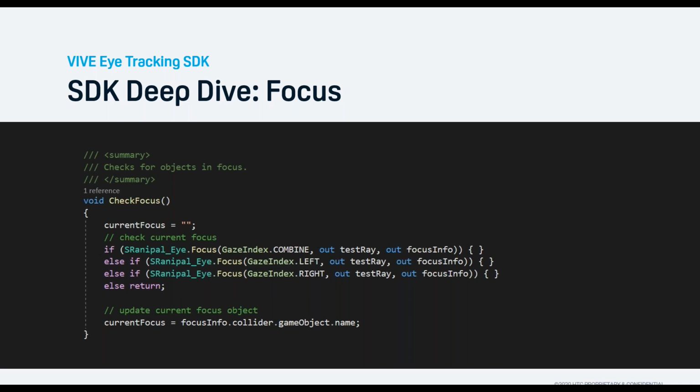It's also worth noting here that we first check the combined gaze of both eyes, and if that doesn't work, we also will check the left and the right eye individually in case one or both of their eyes are closed. And this sample just updates the name of the game object that you're looking at.